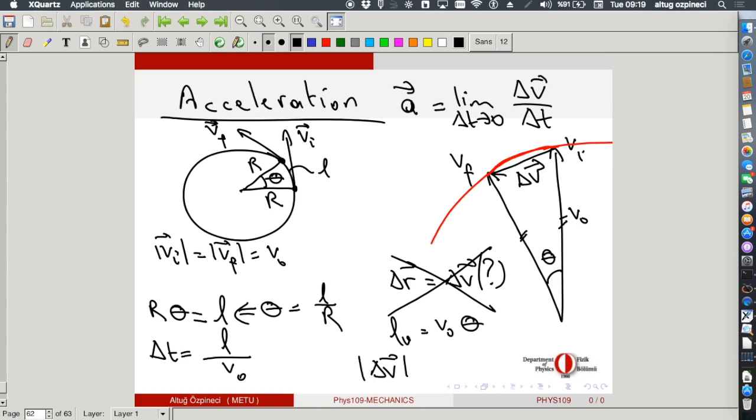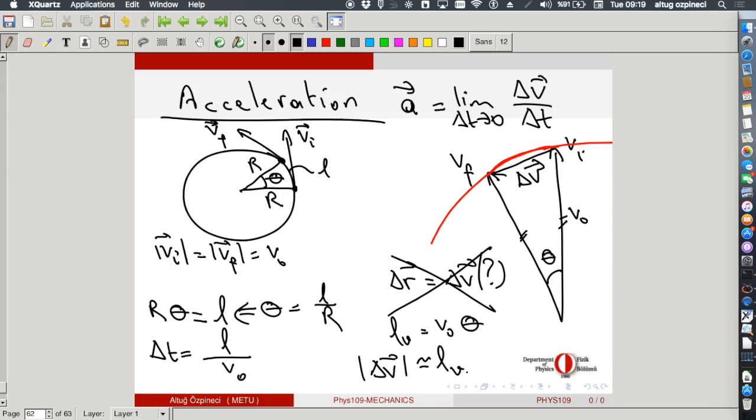They are not equal, but they are approximately equal. Of course, delta V is shorter than LV. If theta is large, delta V will be much shorter than LV.